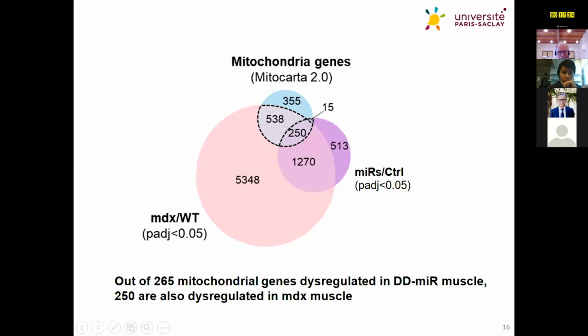Of the 265 mitochondria genes that are dysregulated in the DD-miRNA muscle, 250 of those, so more than 95%, are also commonly dysregulated in the dystrophic muscle. So it indicates a very high similarity between these conditions.